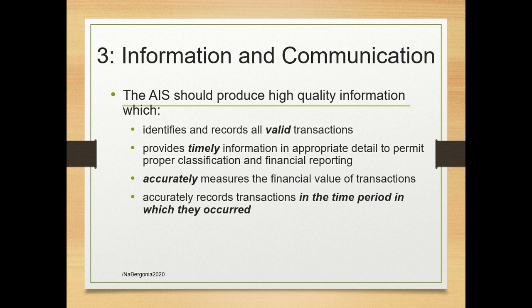Okay? Next would be information and communication. So, the accounting information system consists of the records as well as the methods used to initiate, identify, analyze, classify, and record the organization's transactions and to account for related assets and liabilities. So, the accounting information system should produce high quality information which identifies and records all valid transactions, valid, di ba? Okay? Produce and provides timely information in appropriate detail. It should be accurate, no? Accurately measure the financial value as well as accurately record transactions in the time period in which they have occurred.